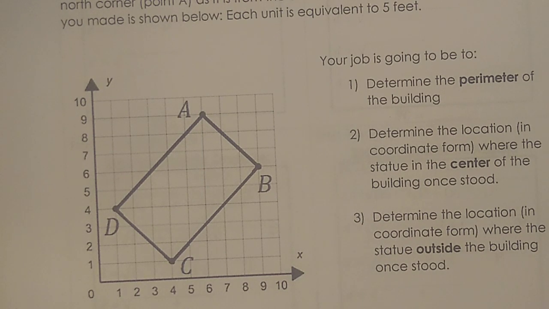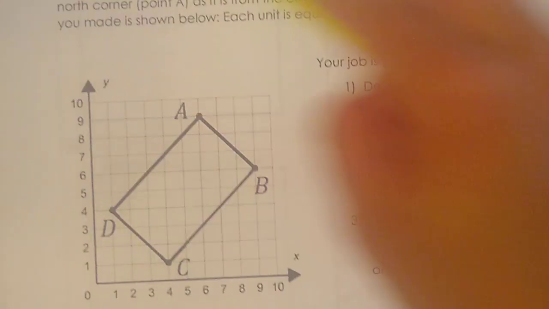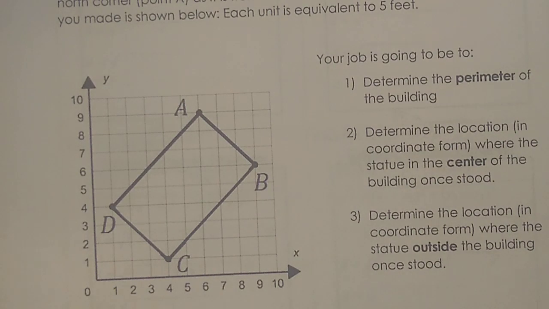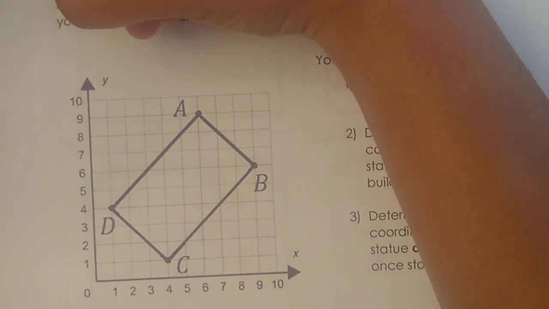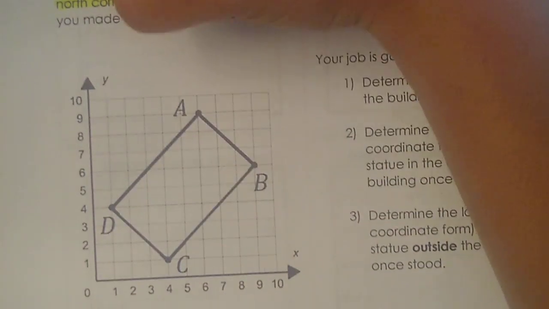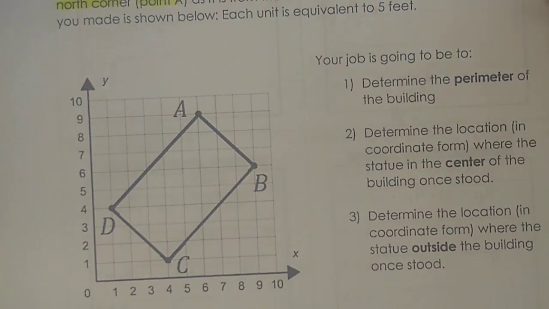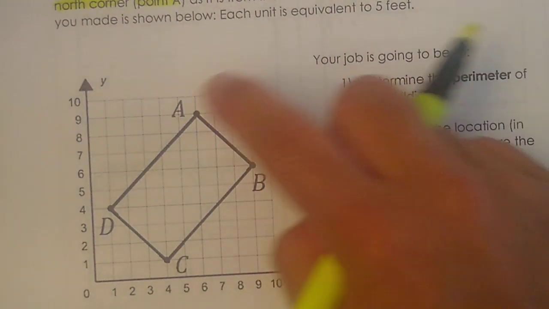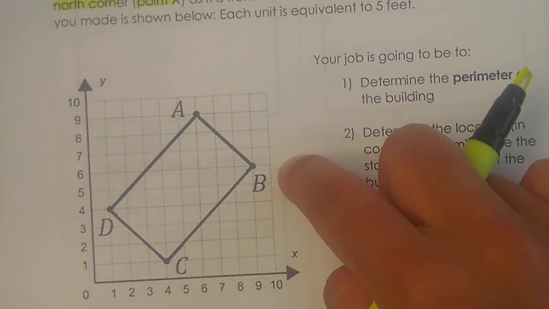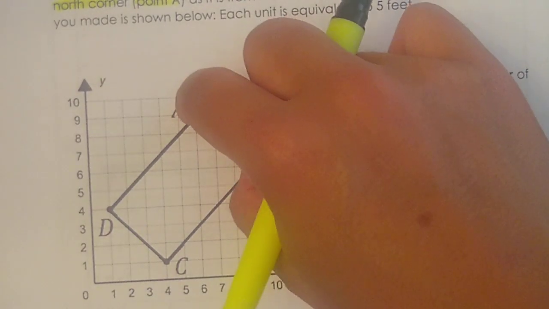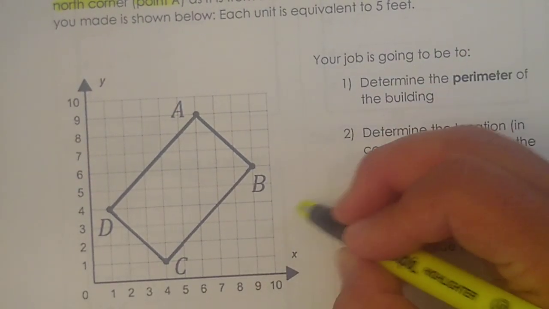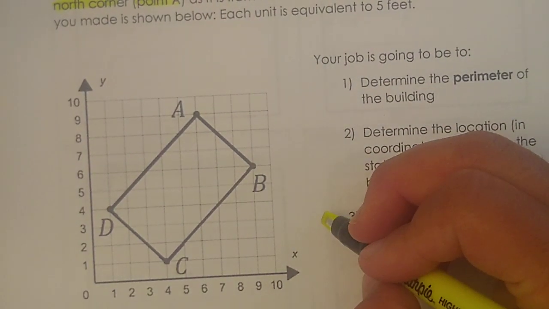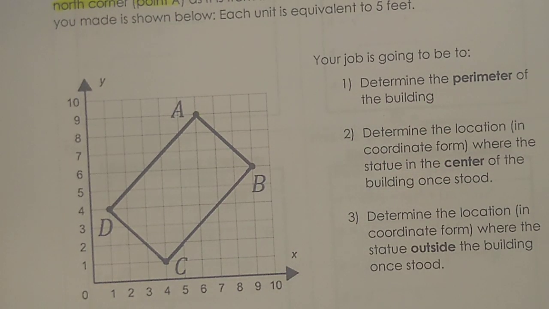And then I also know that the other one's outside the temple, somewhere on the outside, and it's exactly twice the distance from the north corner, point A, as it is from the east corner, point B. What that tells me is it is further from A than it is from B, so it's going to be closer to B than A, but it's exactly twice the distance from A than B. So that's telling me that B's got to be in the middle. So I'm looking for my other statue somewhere over here. Well, that's off the grid, so I'm definitely going to need an equation for that.